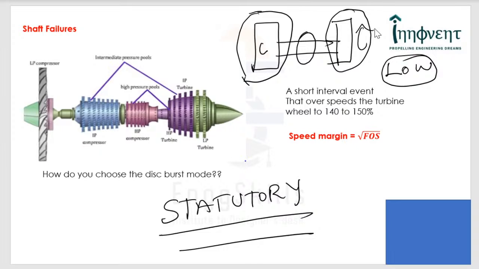That is, it cannot absorb more power in a given stage. Therefore, several stages of compressor are driven by a single stage of turbine. Now, once the compressor is cut off, what happens? The effective inertia is significantly reduced, and within a few seconds, in some cases in less than 1 or 2 seconds, the turbine starts overspeeding, and that can lead to what is known as disk burst.